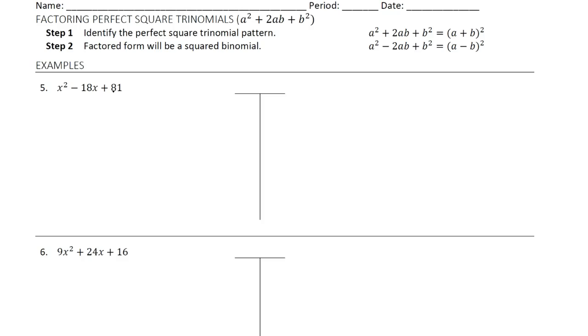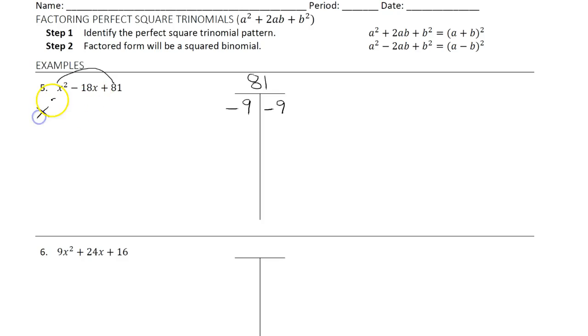This is fairly difficult to recognize, so it'd be a good idea to also know how to do it the long way. 1 times 81 is 81. Two factors that multiply to positive 81 but add to negative 18 are negative 9 and negative 9. Negative 9 times negative 9 is positive 81. Negative 9 plus negative 9 is negative 18.